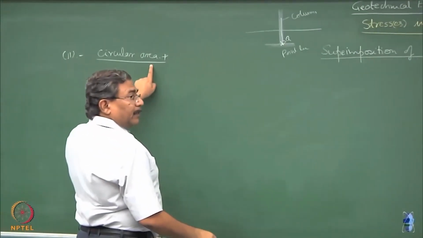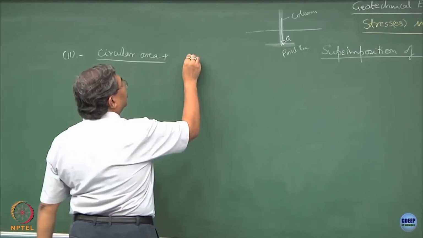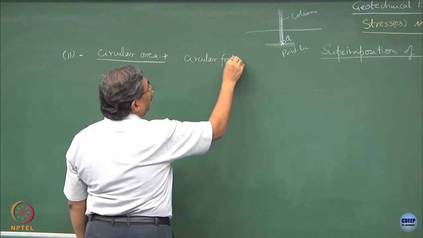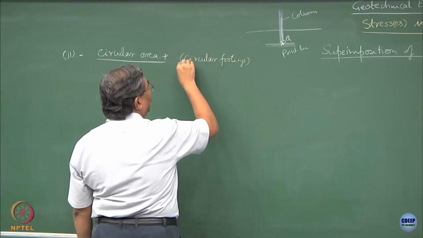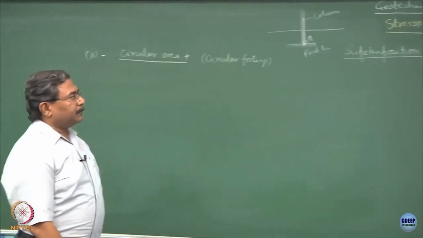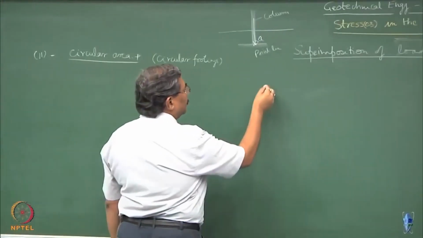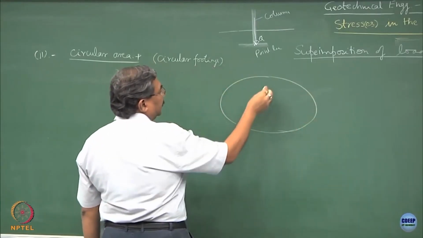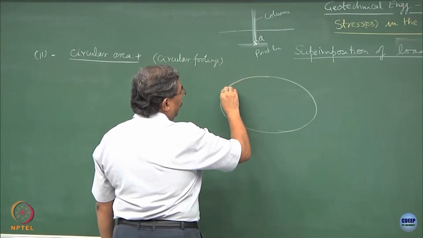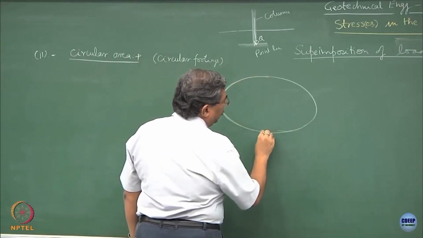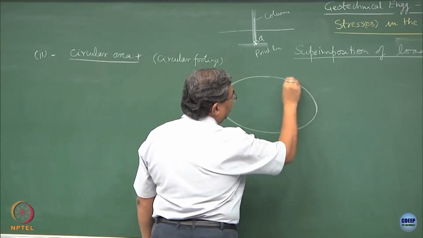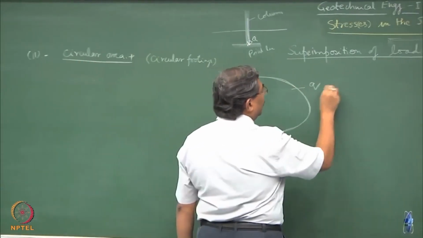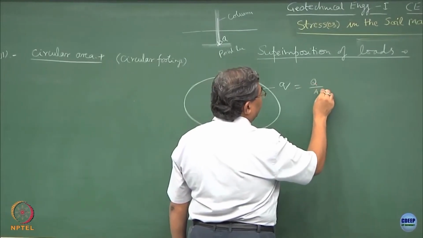Now, when I come to circular area, circular footings is a good example. I might be having a situation like this. This is the area which is carrying a uniformly distributed load of q, where q is equal to capital Q upon area of cross section.